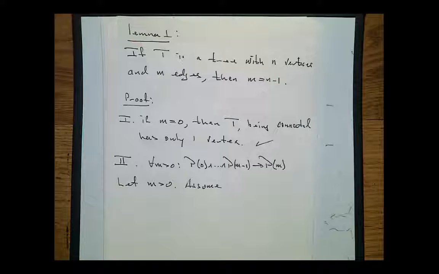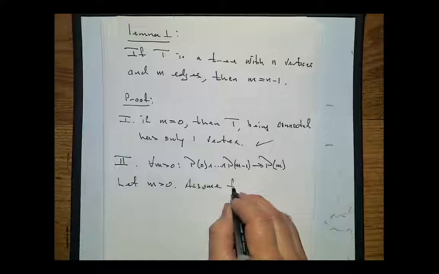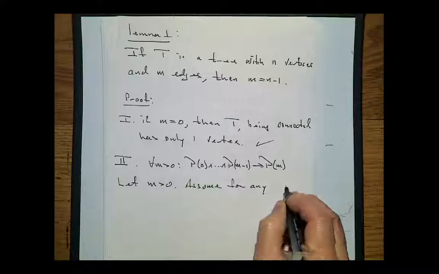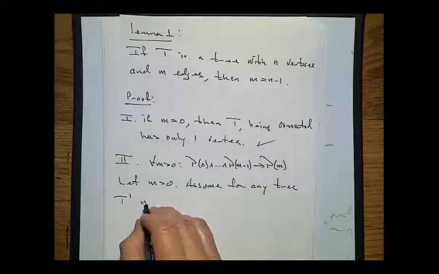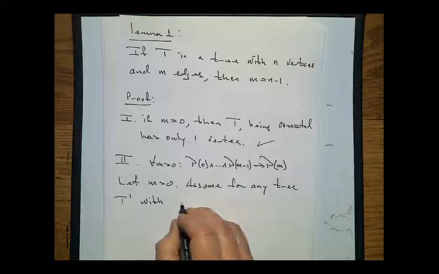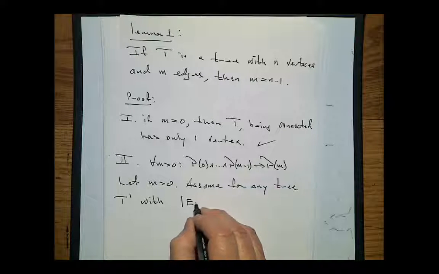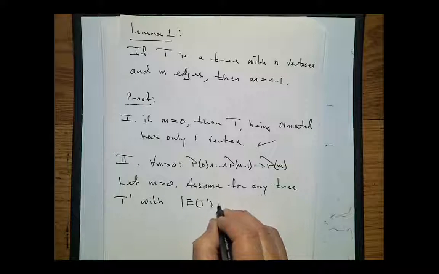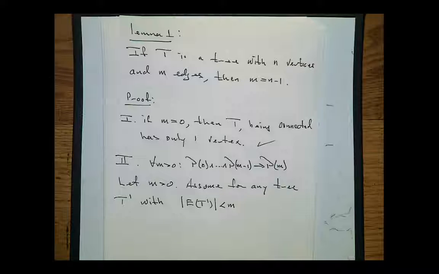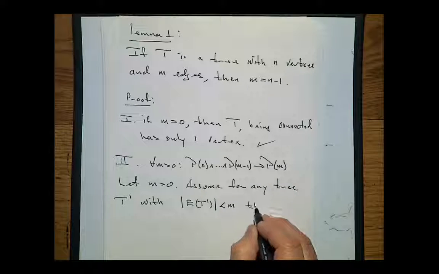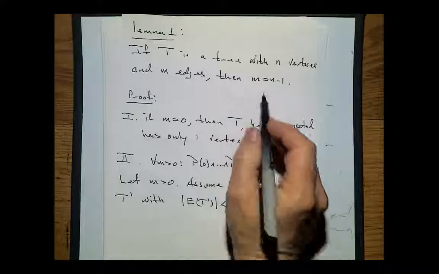Let's try to say that without introducing another variable. Assume for any tree T prime with number of edges in T prime strictly less than m, that's how I say for all dominoes up to but not including the mth domino, the conclusion is true.